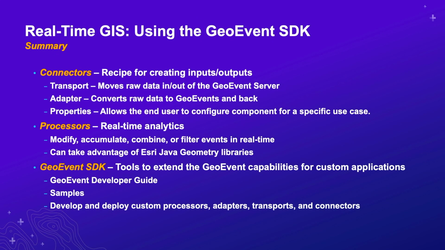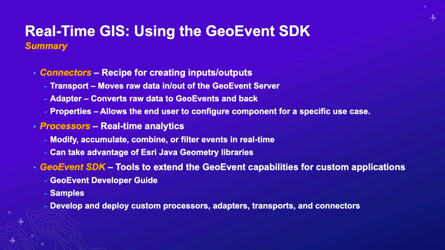In this presentation, we have thoroughly examined all the areas needed in order to successfully create connectors and processors using the GeoEvent SDK. We learned that connectors are made up of a transport and an adapter. The transport being responsible for moving our data in and out of GeoEvent, while the adapter is responsible for converting raw data to and from GeoEvent objects.